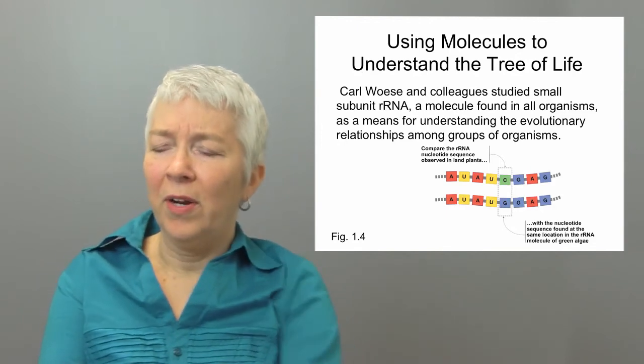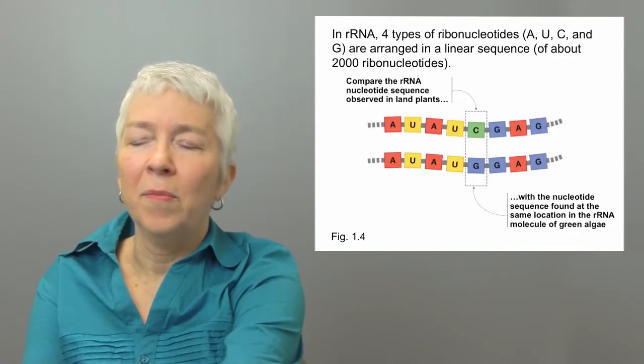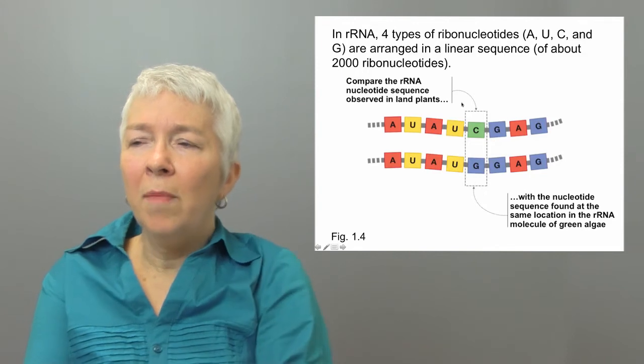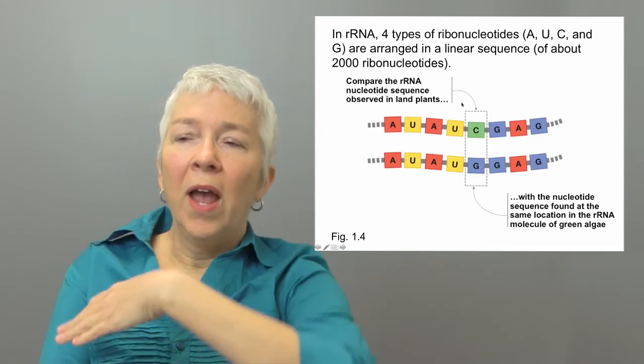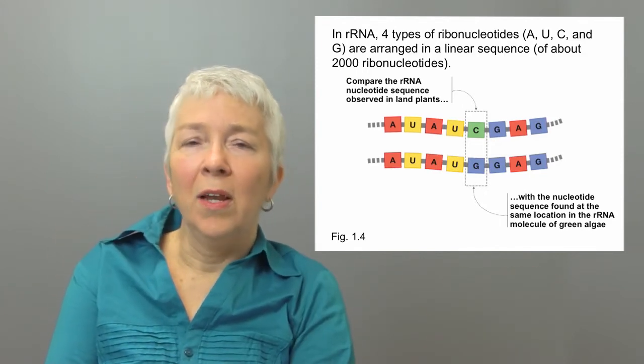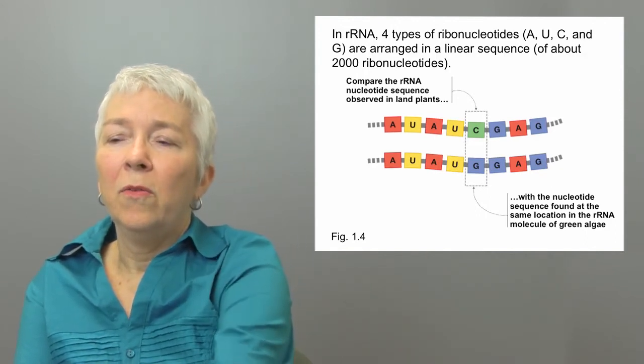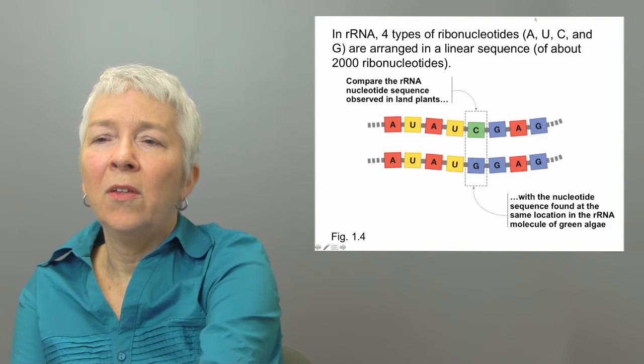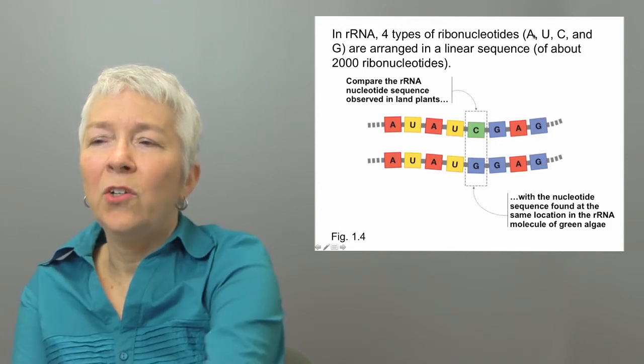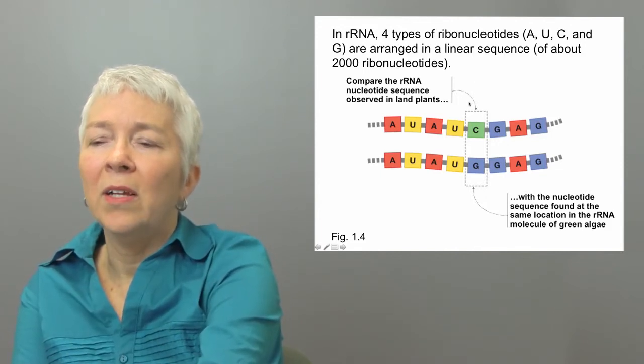So a quick reminder here, and this is figure 1.4 from your textbook. In ribosomal RNA, we have a linear sequence of a number of different ribonucleotides. And so we can show this diagrammatically using the single letter abbreviations for the 4 different types of ribonucleotides.